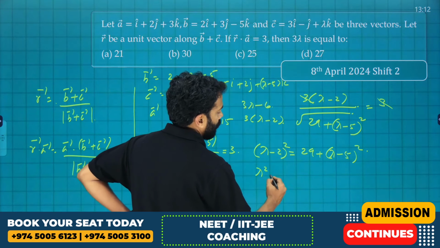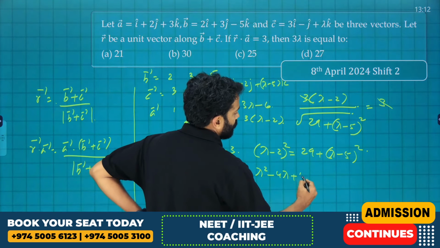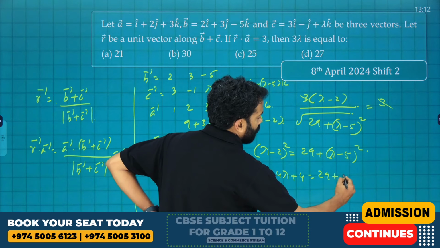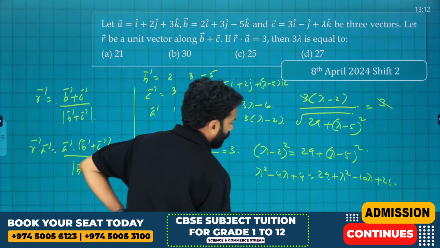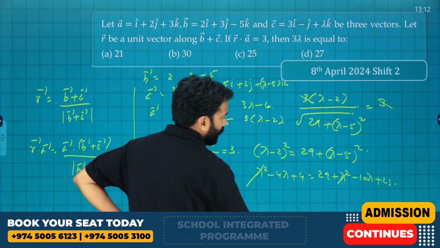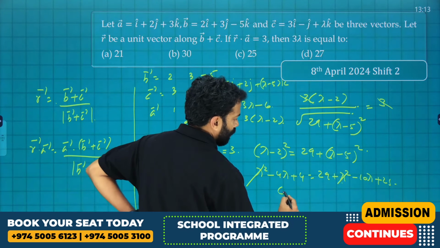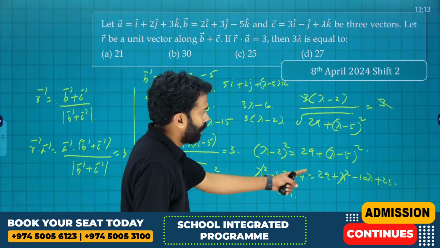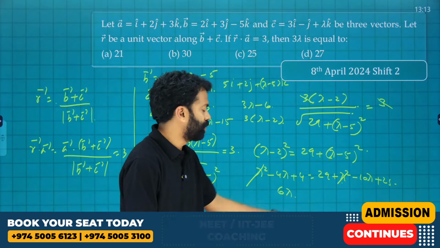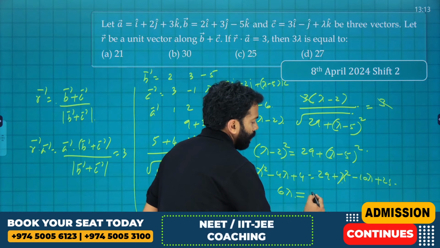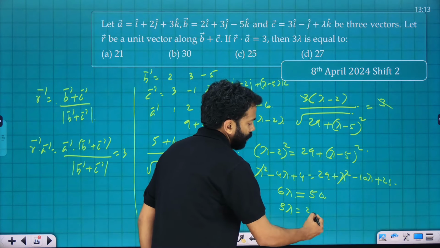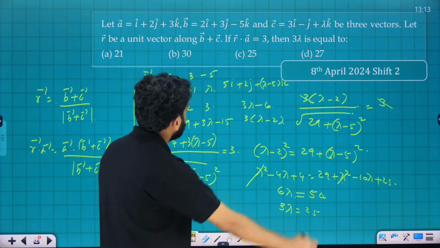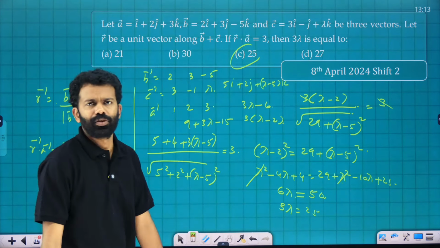Therefore, lambda square minus 4 lambda plus 4 is equal to 29 plus lambda square minus 10 lambda plus 25. Lambda square got cancelled. This becomes 6 lambda, and 29 plus 25 is 54, minus 4 is 50. That is 6 lambda is equal to 50. Therefore, 3 lambda is equal to 25. Option C, the correct one.